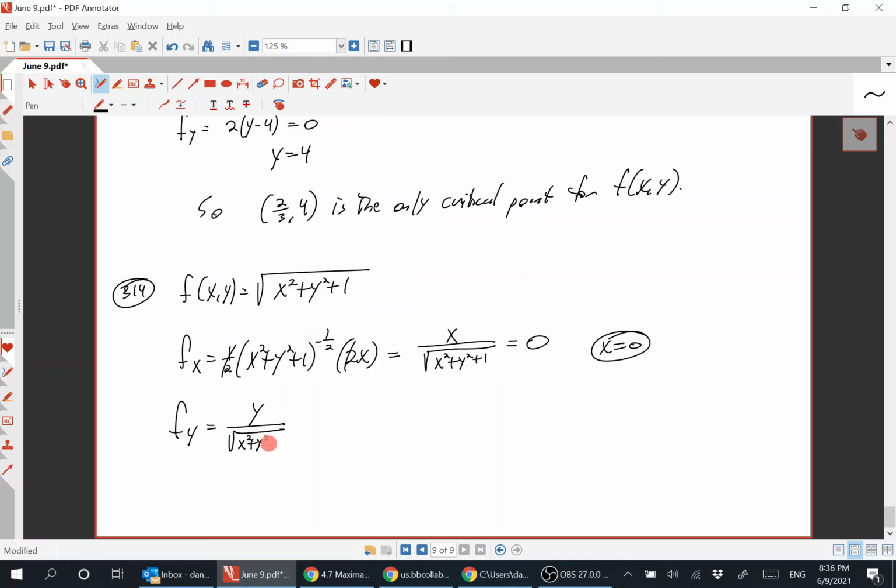When you switch the variables and the function doesn't change, the partial derivative with respect to the other variable is just the same as the partial derivative with respect to the first variable, switching the variables again. So down here, nothing changes exchanging the x and the y, but up top, the x and the y just get switched. So for this one, y equals 0. So that's the only critical point.